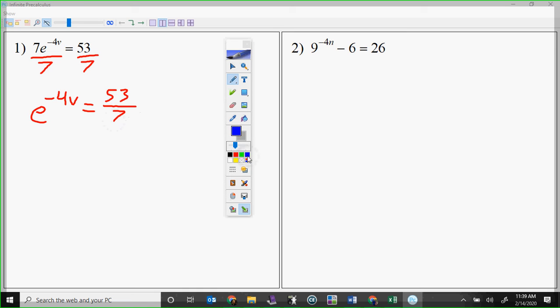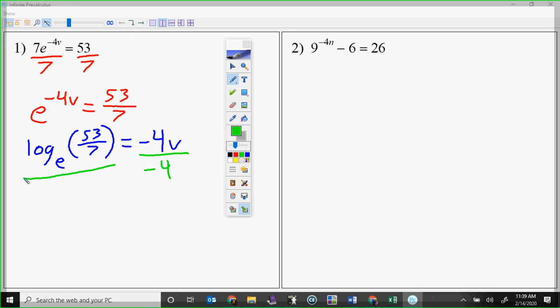Now I need to change it to log form, so I'm going to say log base e of 53 over 7 is equal to negative 4v. And then I want that v by itself, so I'm going to divide both of these by negative 4.